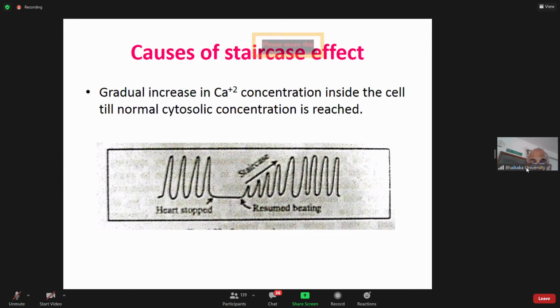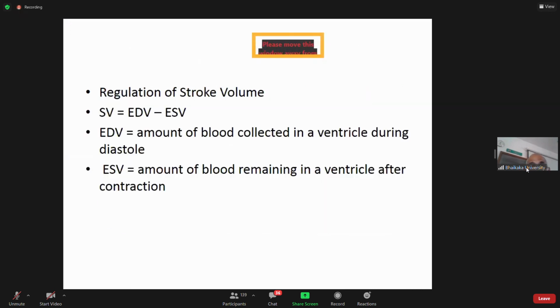If you look at this figure here, the heart is stopped here. There's an asystole. Then you start the stimulation. Slowly, the force of contraction increases. Then it reaches the plateau. It remains constant. This is because of gradual increase in calcium ion concentration inside the cell till normal systolic concentration is reached. Okay. This is called Bowditch phenomenon or staircase phenomenon.